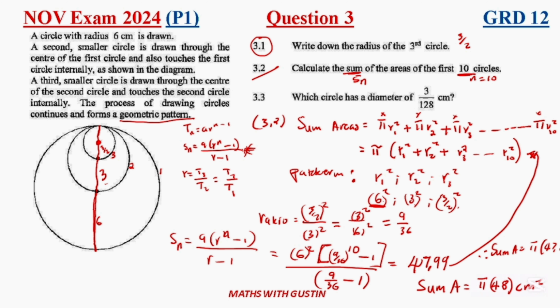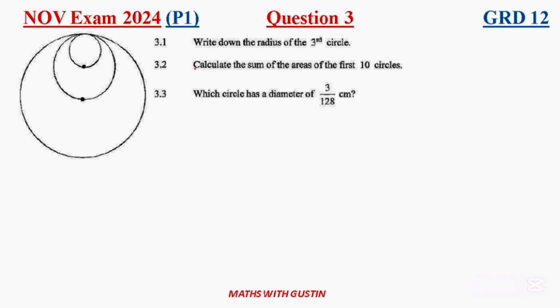3.3 says, which circle has a diameter of 3/128 centimeters? Okay, let's come this side. We already know that the ratio, we calculated it that side, is 9/36. Our first term is 6 squared. So what are they asking us? They're asking us to find the circle that has a diameter of 3/128, but remember, we're not working with diameter, we're looking for radius.